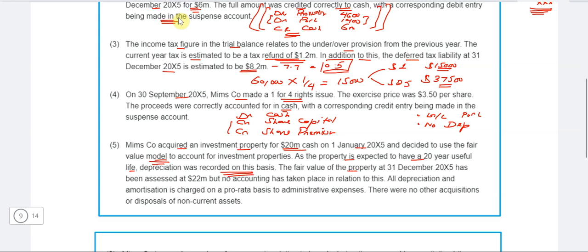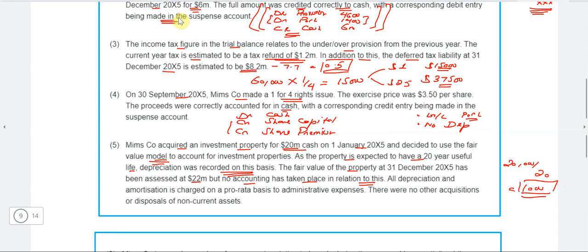The fair value of the property has been assessed at 22 million, but no accounting has taken place in relation to this. So basically what they should do is record the difference between 20 and 22 in the profit or loss as the gain, and then the depreciation should be removed. How much depreciation have they charged? 20 million, so 20,000 divided by 20. So basically 1,000 is the depreciation that they have charged, which needs to be removed.